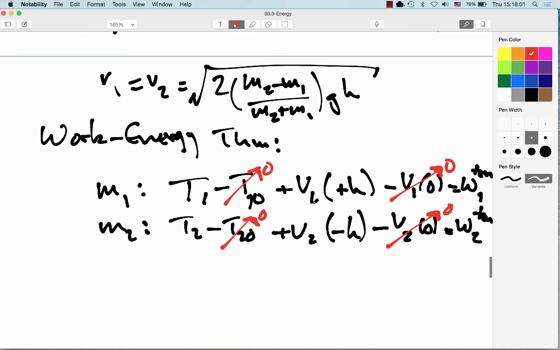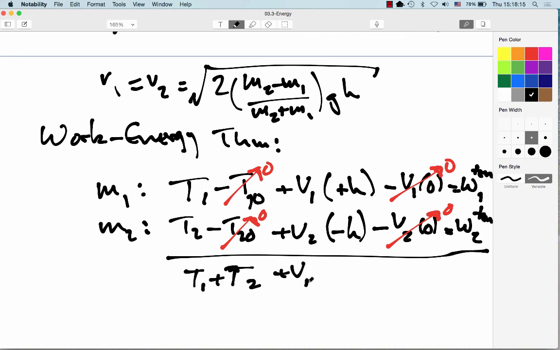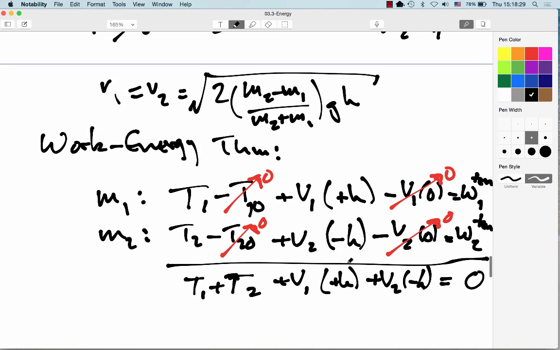Now, these two here have to be negatives of each other by the third law. So if I add the equations, I will get T1 plus T2 plus V1 plus h plus V2 minus h equals, well, 0.